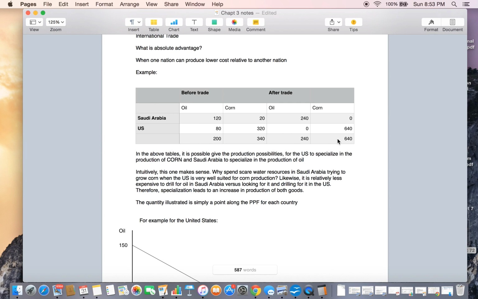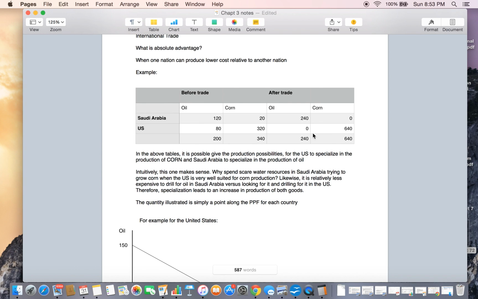That is, the total amount of corn has increased after trade because the U.S. is specializing in that which they have an absolute advantage in, and the total amount of oil being produced is increasing by 40 barrels because Saudi Arabia is specializing in that which they have an advantage in.